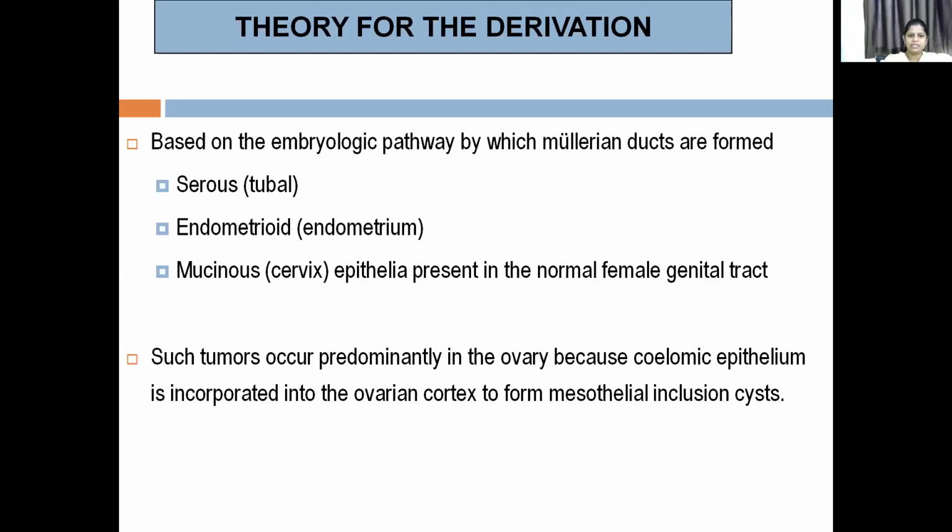So we have seen serous epithelial tumors, mucinous epithelial tumors, and also endometrioid epithelial tumors, the surface epithelial tumors. Such tumors occur predominantly in the ovary because coelomic epithelium is incorporated in the ovarian cortex to form mesothelial inclusion cysts.